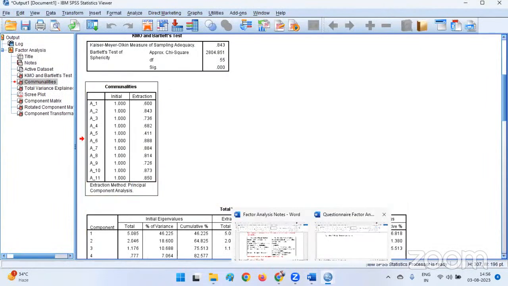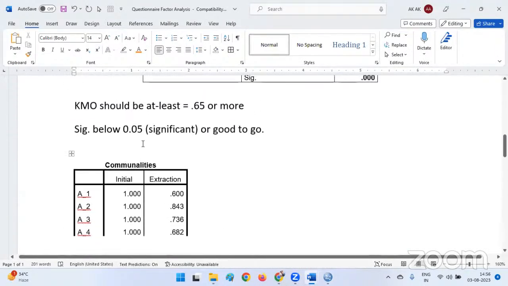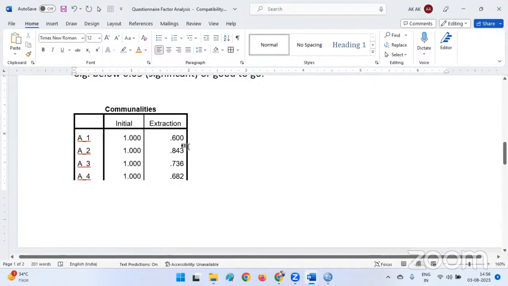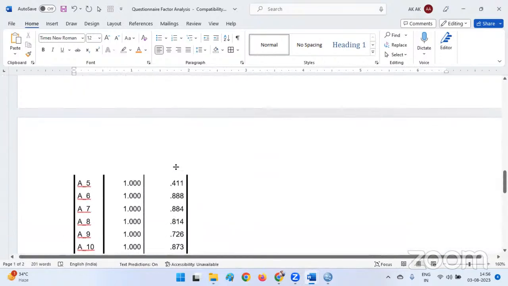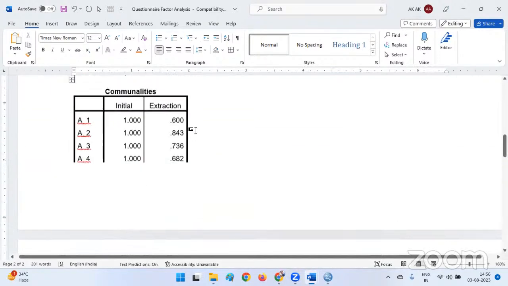Communalities. Now communalities show something that we'll discuss again later, but I'll tell you the communality value should be minimum 0.4. If it is 0.5, it is good, but it should be minimum 0.4. Below 0.3 is not at all allowed.